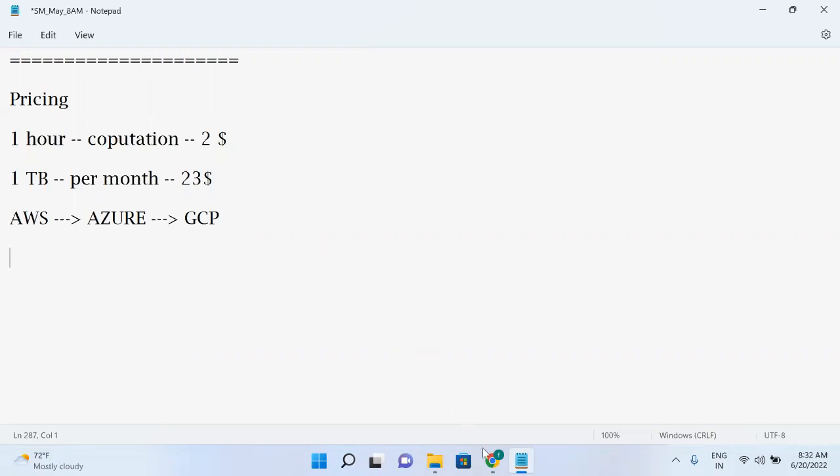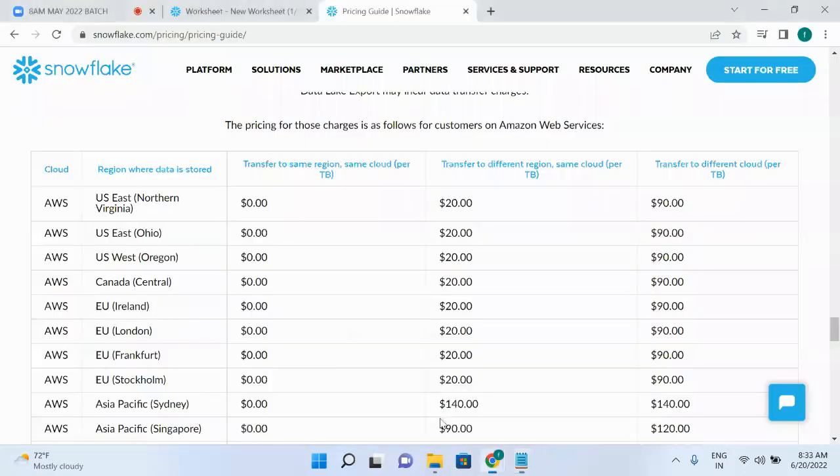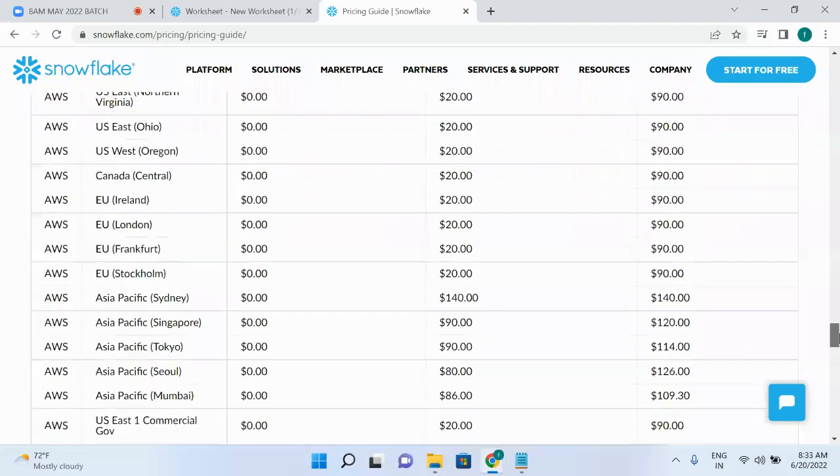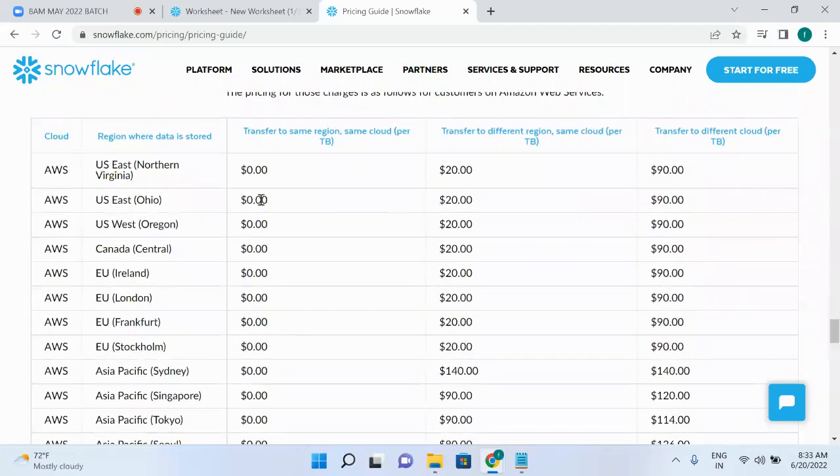Let's assume your country is the platform and the states are regions. If you are moving data within the region, within the state, there will be no charges. Within that country, within that platform, AWS, if you are moving to other states, that is a transfer to a different region, and there will be charges.